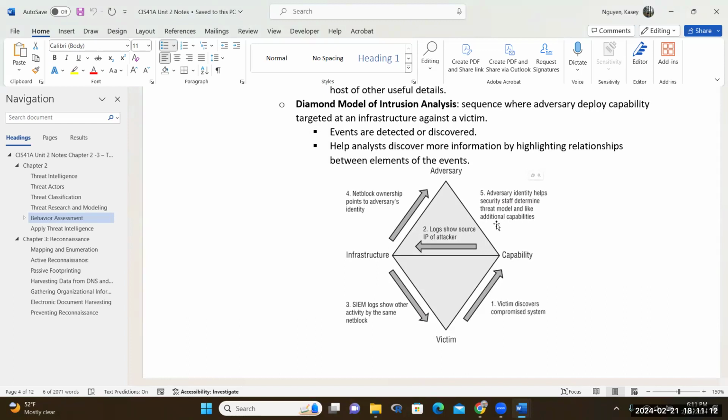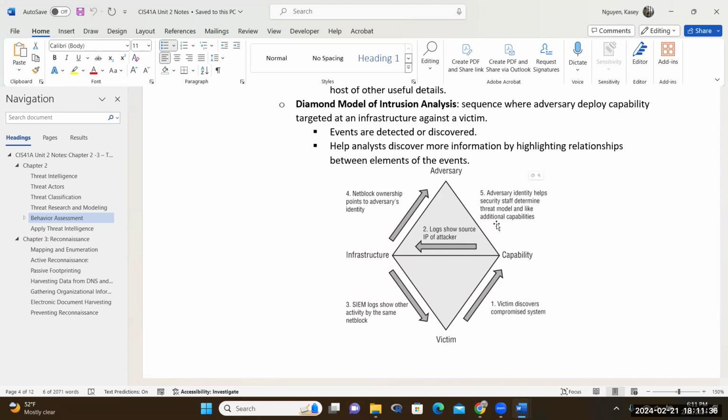This would help you look at the relationship between the elements and the events. So some models are better than others. If you know some of the common models out there, that's going to help you as an analyst. Remember that we don't just combat threats, right?